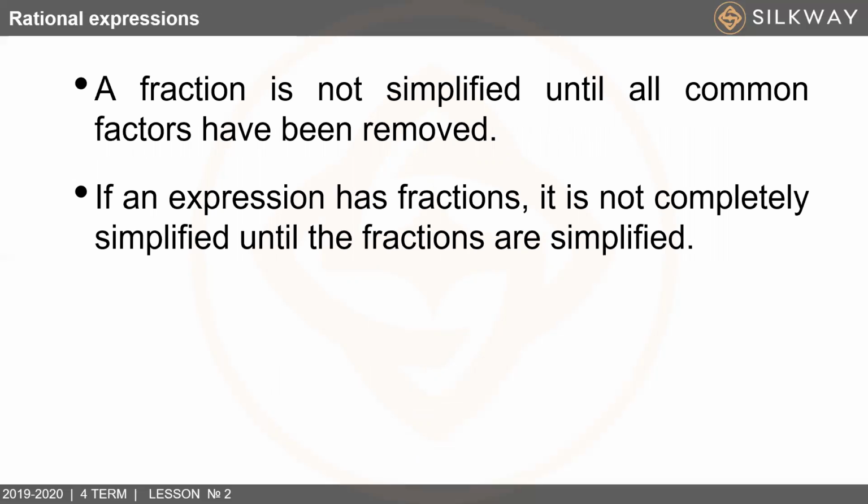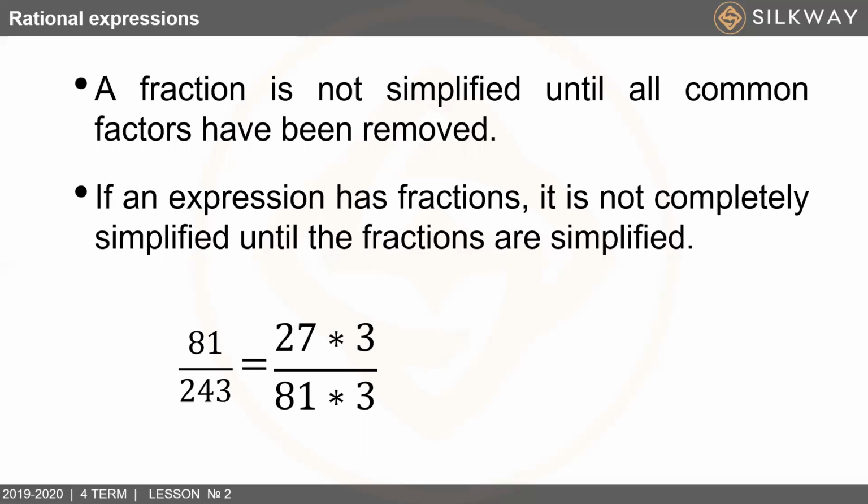When you're calculating with very big numbers, pay attention to whether your fraction can be divided further. For example, 81 divided by 243. You notice that 81 is divisible by 3 and 243 is also divisible by 3. Let's divide it: 27 over 81.